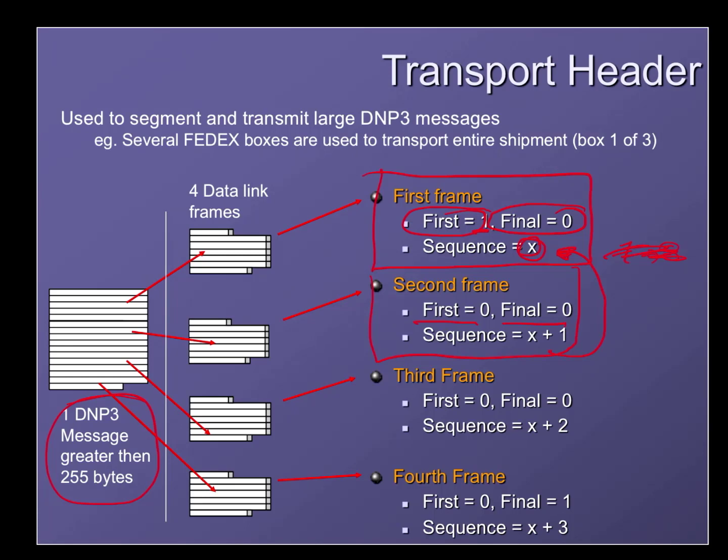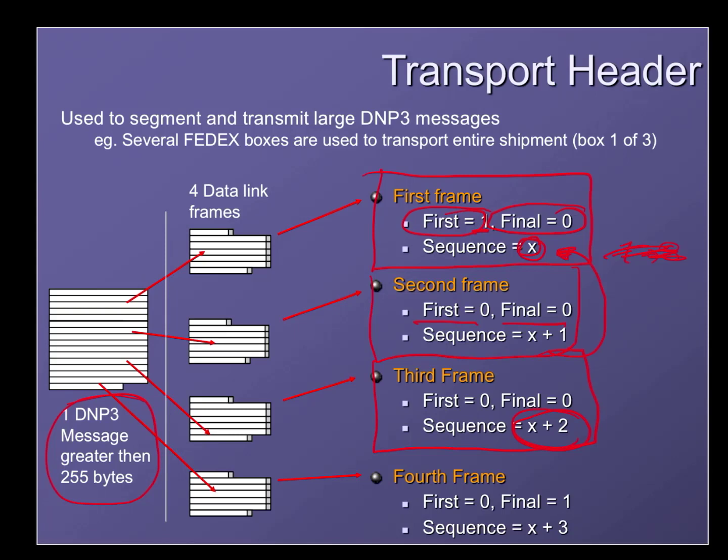I know it's not the last one, there's more to come, but it's the second frame because it was X plus 1. Okay, so I think you get the idea. If it's the third frame in the message, then it's not the first one or the final one again, but it's X plus 2. So that's the way the other end knows how to assemble it. That's box 3 of 4, if you want to think of it that way, as far as this shipment goes.